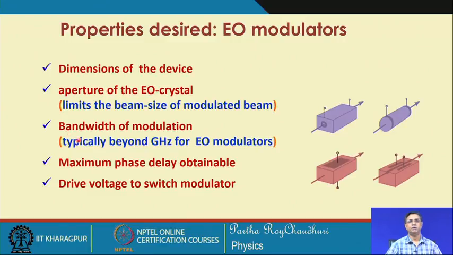The bandwidth of modulation is typically of the order of gigahertz for electro-optic modulation, and one has to look at the maximum obtainable phase delay with minimum applied voltage, which is a very high performance device.